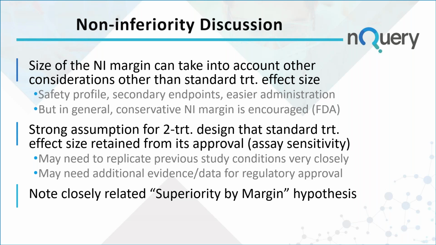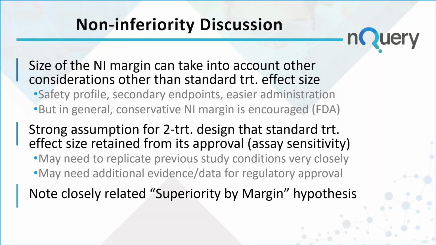In other words, you're assuming that the standard treatment actually works, and not just that it works, but that it works by a specified amount. Since if your non-inferiority margin is based on a fraction of that effect, then if that effect is a different size, or M1 is a different size, that affects what M2 would have been if you had known that a priori.